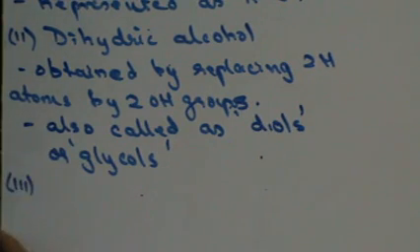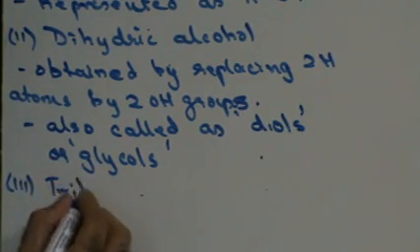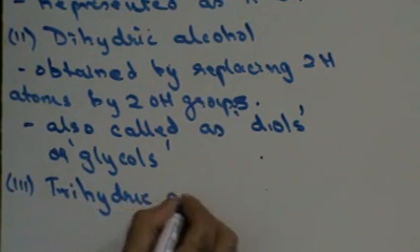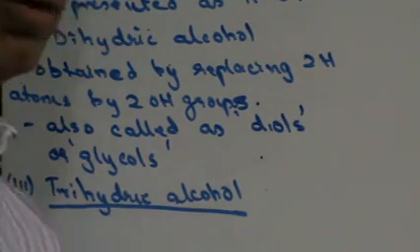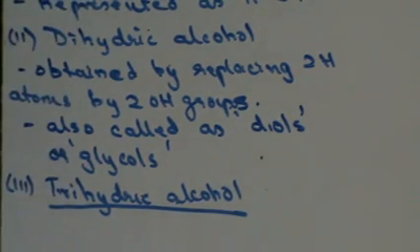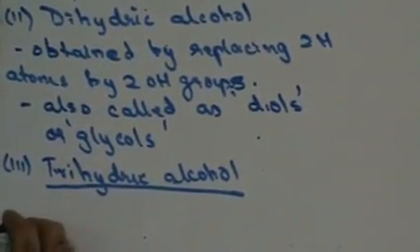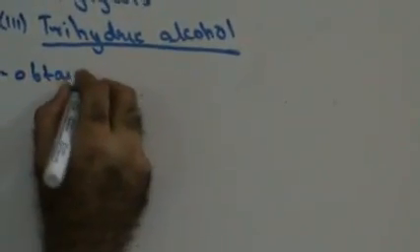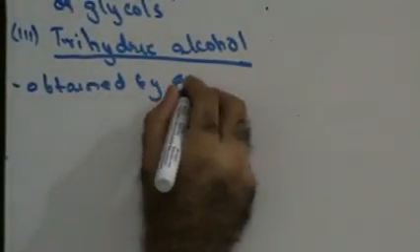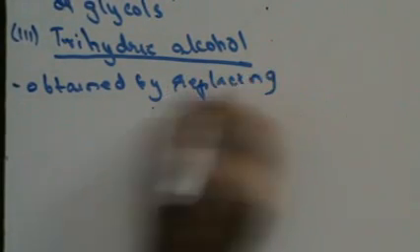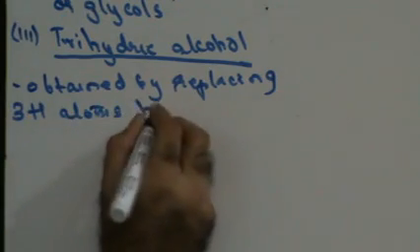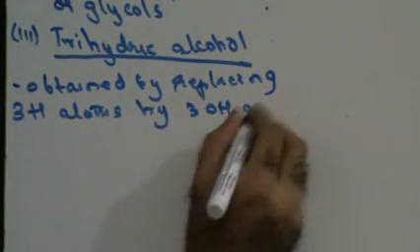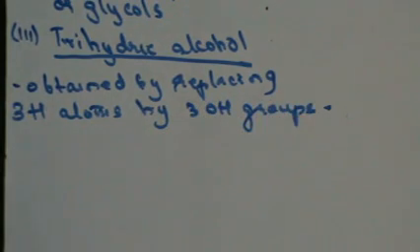Next, the third type of alcohols that you have is trihydric alcohols. These are those alcohols that are obtained by replacing 3 hydrogen atoms by 3 hydroxyl groups, right?